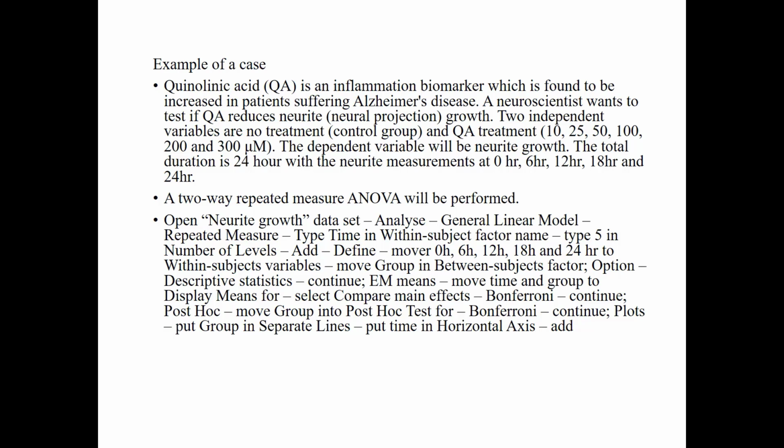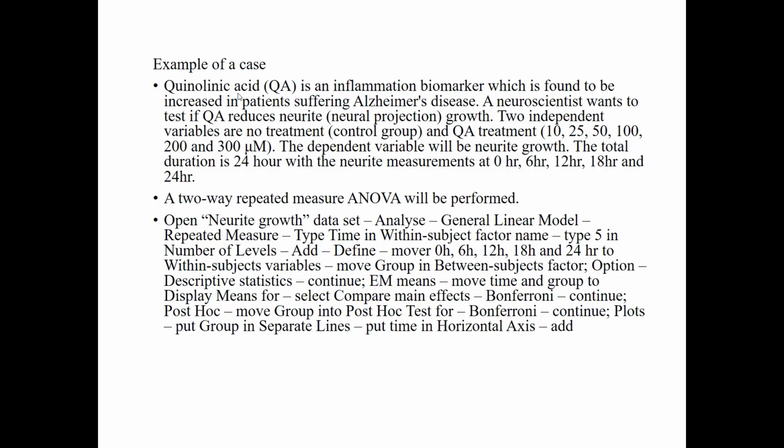There is a chemical called quinolinic acid. Quinolinic acid is an inflammation biomarker which is found increased in patients suffering from Alzheimer's disease. This quinolinic acid is an indicator of brain inflammation.